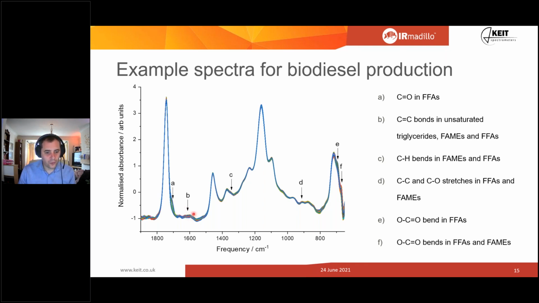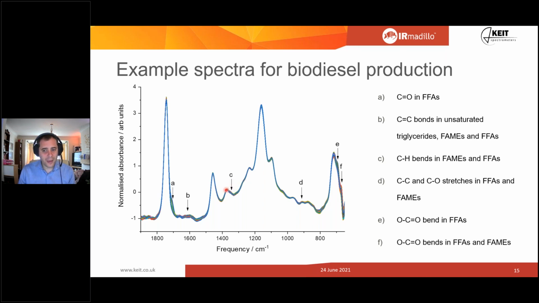We've got the double bonds in unsaturated triglycerides, FAMEs and FFAs. There's another one around about here as well, just off the screen. And you can measure things like iodine value as well. Probably not so useful for biodiesel or for renewable diesel, but in oil treatment, that kind of thing can then feed into things like solid proportion at different temperatures or melting points, and that can all be useful.